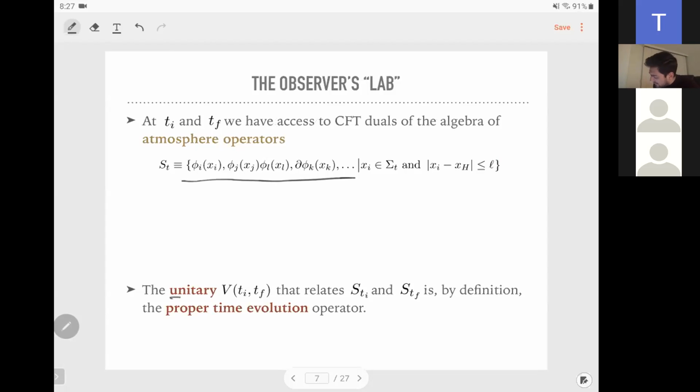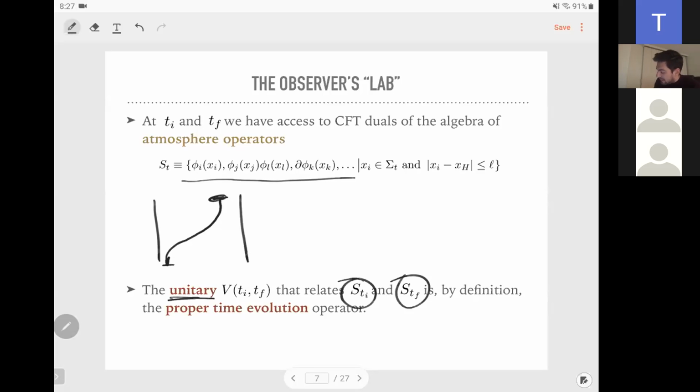In particular, I'm interested in the unitary that relates this atmosphere operator algebra at some initial time and some final time. So I start somewhere, let's say I introduce my black hole somewhere near the boundary, it propagates through the spacetime, and then at some later point, I regain control of my black hole, and it's over here.